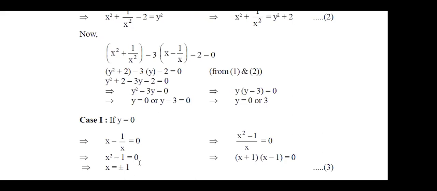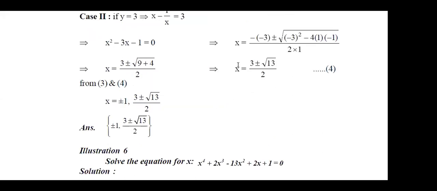That is plus minus 1 for case 1. Now, if you take the second case, then you will get this value, which is 3 plus minus root 13 by 2.